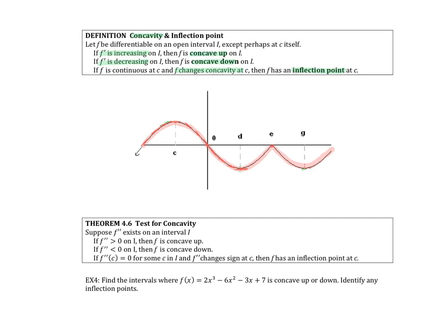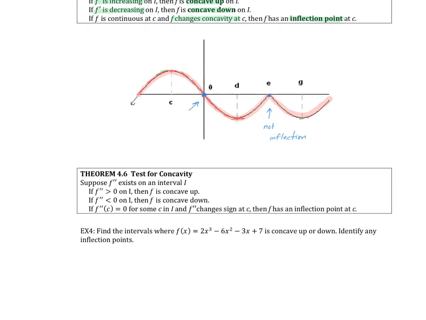So what that means is that this is not an inflection point at E. So an inflection point happens when the concavity changes from up to down or down to up. However, at 0, this is an inflection point because my graph changed from concave down to concave up.